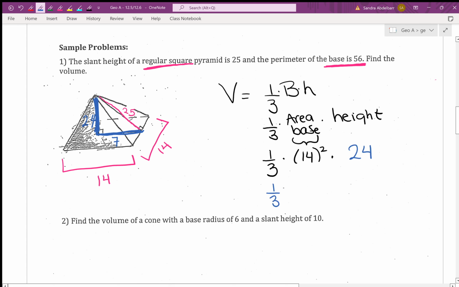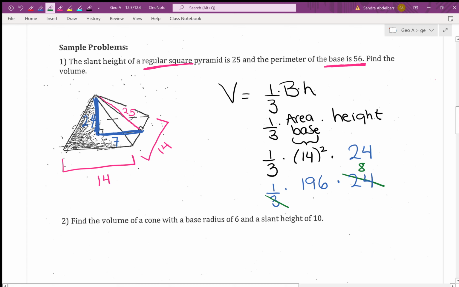So we are 1/3 times 196 times 24. 3 does not go into 196, but 3 does go into 24. So I'm going to cross cancel 3 and 24 and get 8. Anybody multiplying 196 times 8?